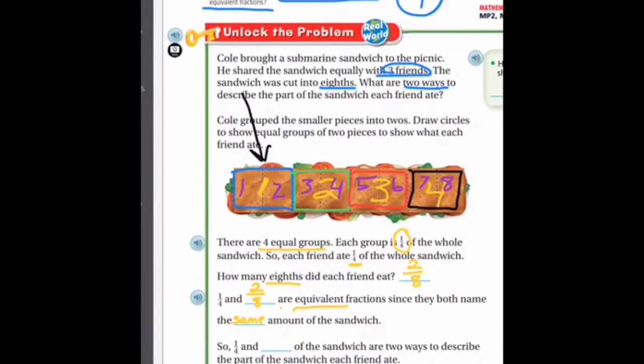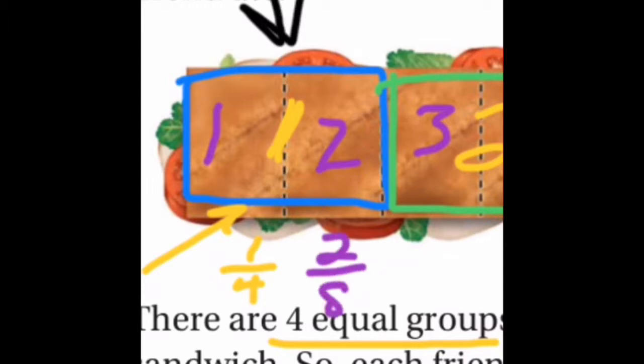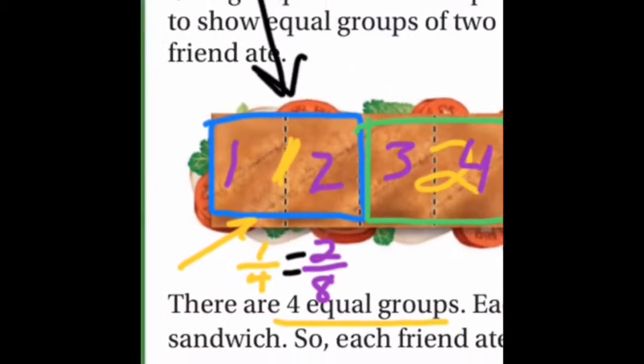Now the numbers are different, but the fractions themselves are the same, right? So the yellow one right here, that's 1/4, but in purple it would be 2 eighths, and they are equivalent, equal.